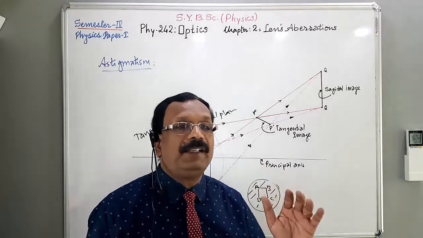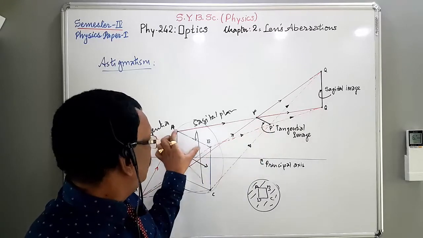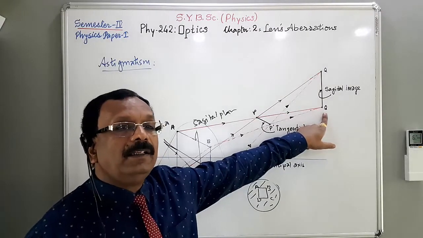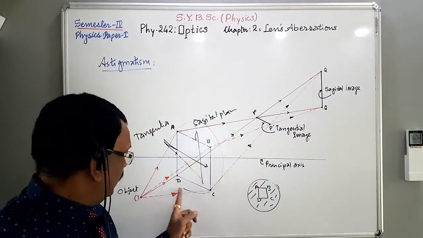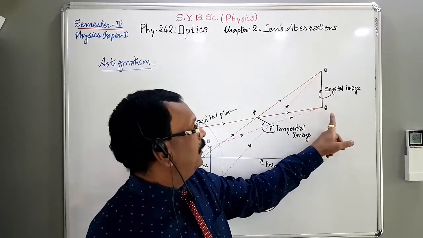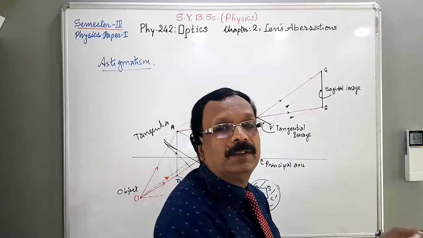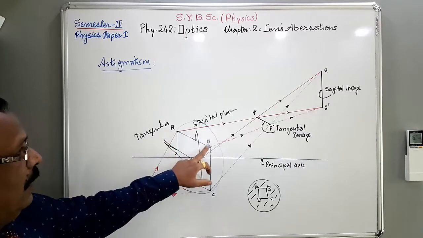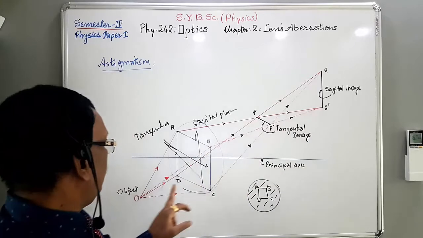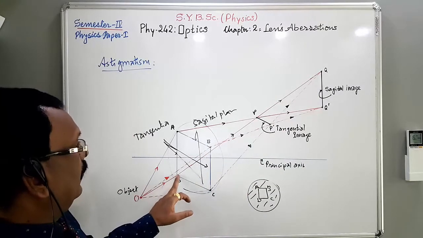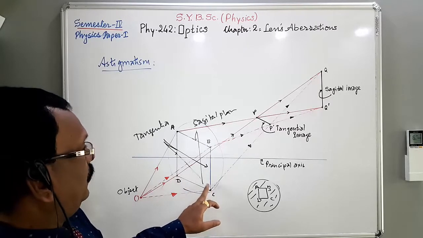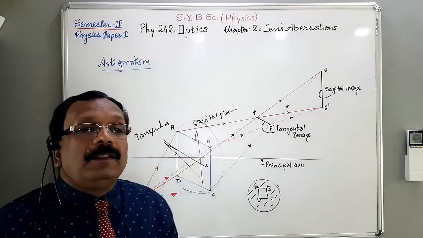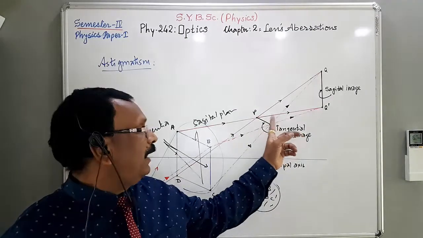The rays OA and OB after refraction meet at point Q prime, and the rays OD and OC after refraction intersect and meet at point Q. The intermediate pair of sagittal rays meet at Q and Q prime.